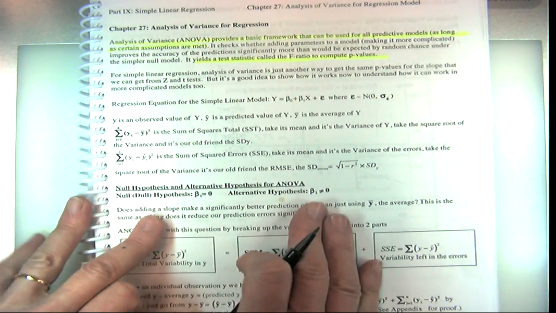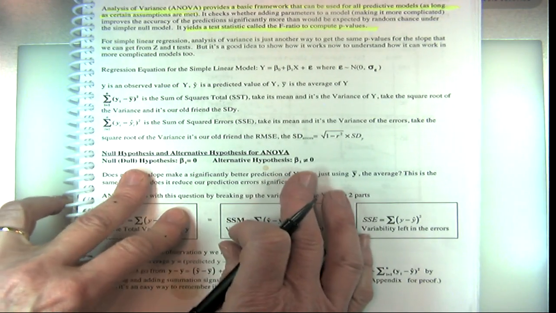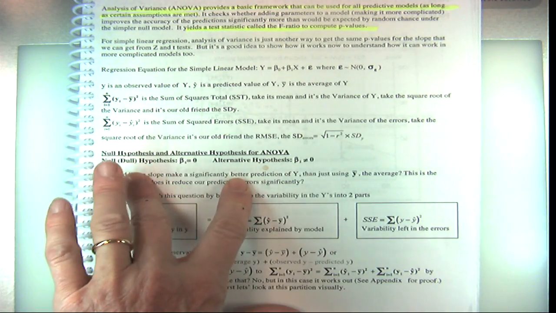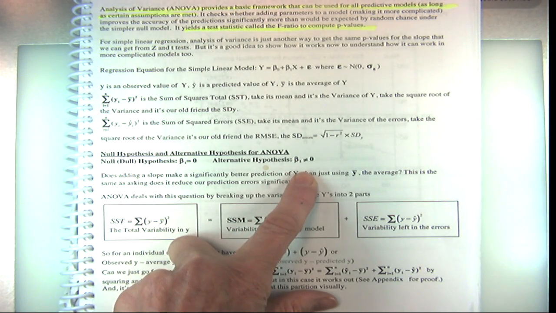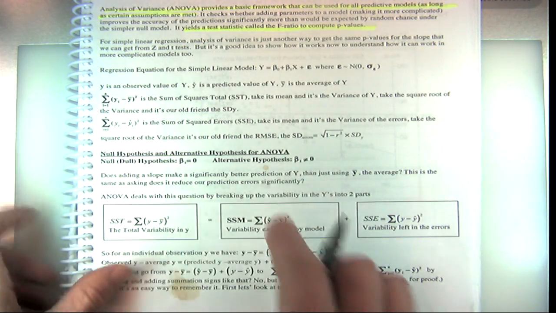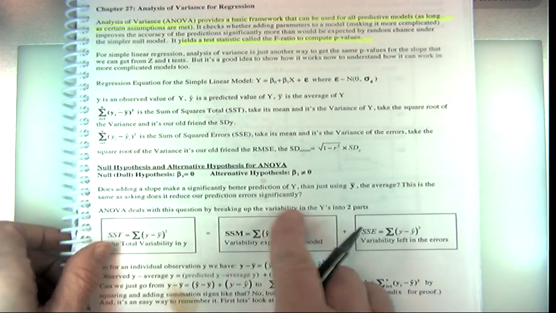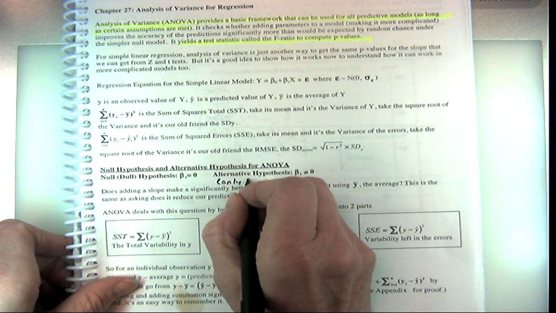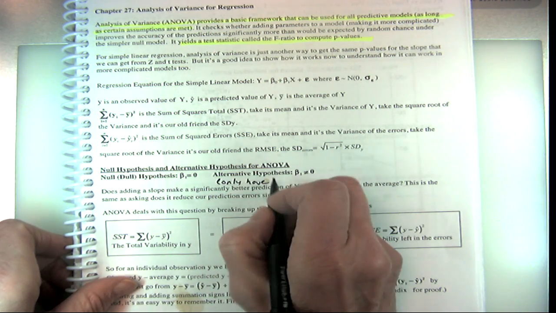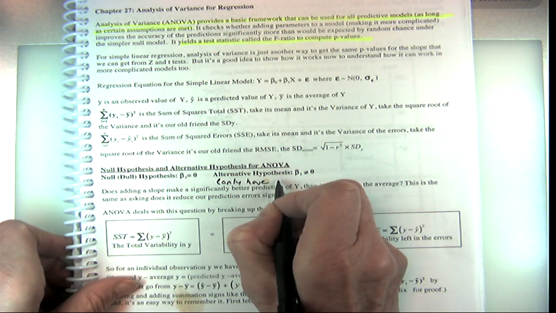And here's our null, and here's our alternative. Now, for analysis of variance, we're squaring everything, so we only have two-sided alternatives. How could you distinguish when you're squaring things?